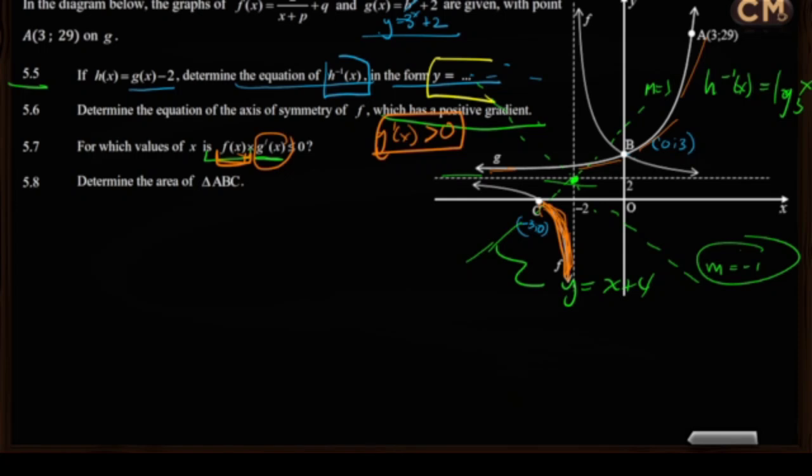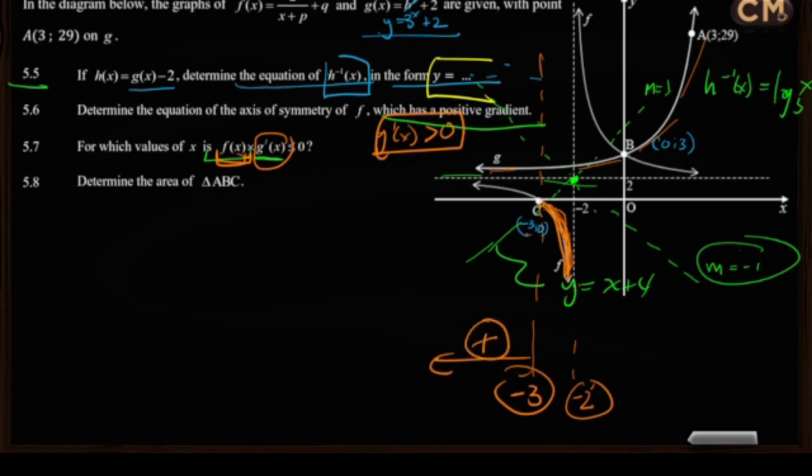So if we were to zone over here at negative 3, we know that that x value is negative 3. And then, of course, we have this asymptote at negative 2 as well to take into consideration.